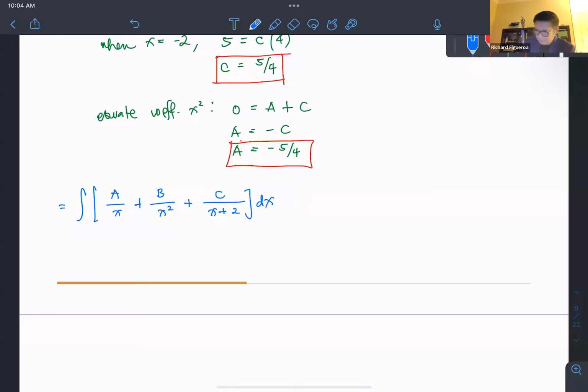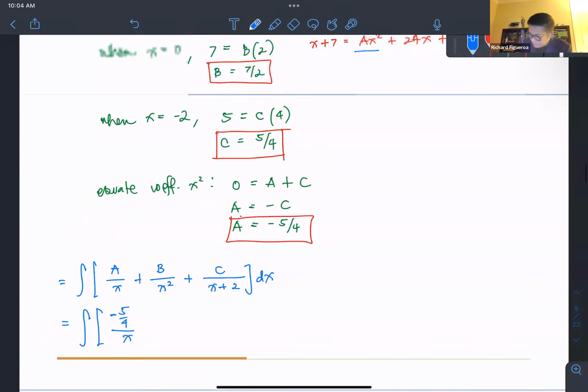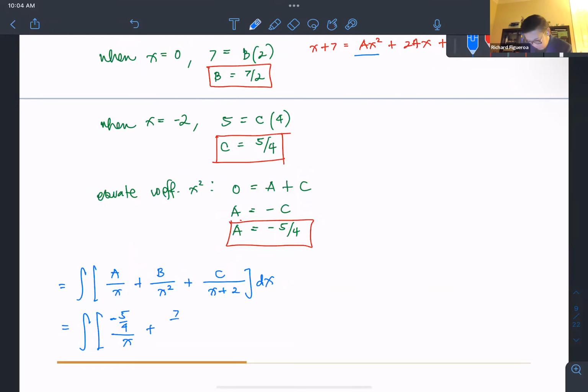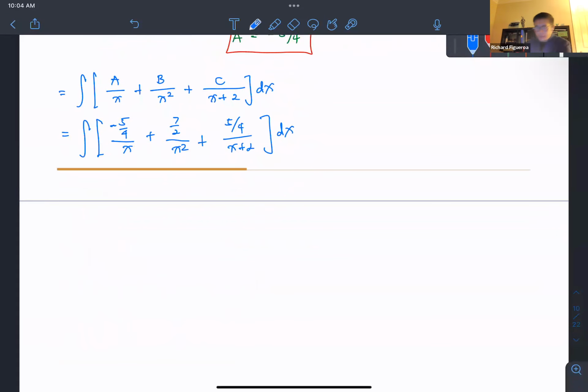So we write that our A is negative 5/4 all over x. Our B is 7/2 over x squared. And then our C is 5/4 all over x plus 2, and dx. So we rewrite this one.